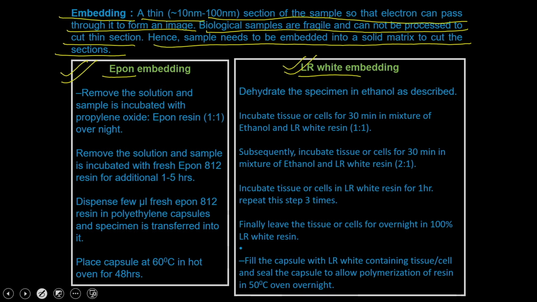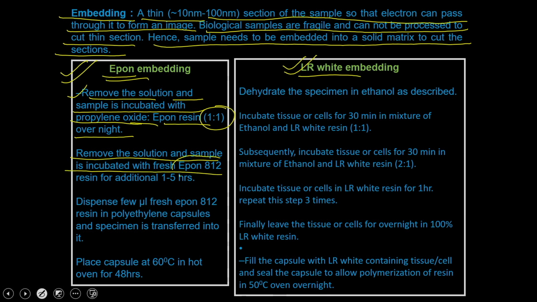In the case of Epon embedding, first you have to remove the solutions, like the solution you were using for dehydration, and then the sample is incubated with a 1:1 mixture of propylene oxide and Epon resin overnight. Once that is done, you remove these solutions and the sample is incubated with fresh Epon 812 resin for an additional 1 to 5 hours.